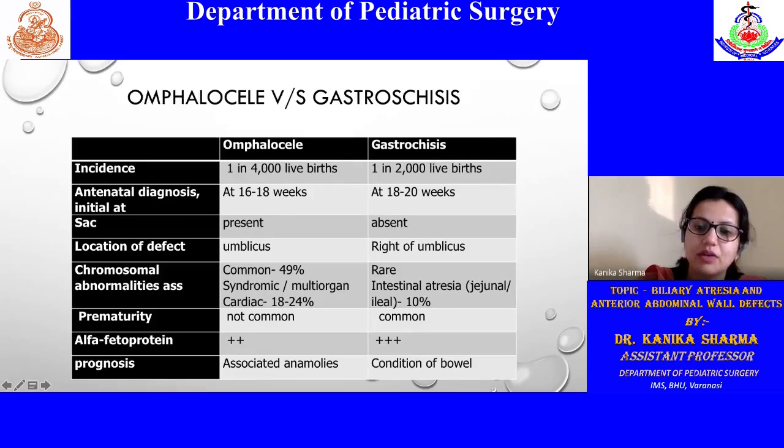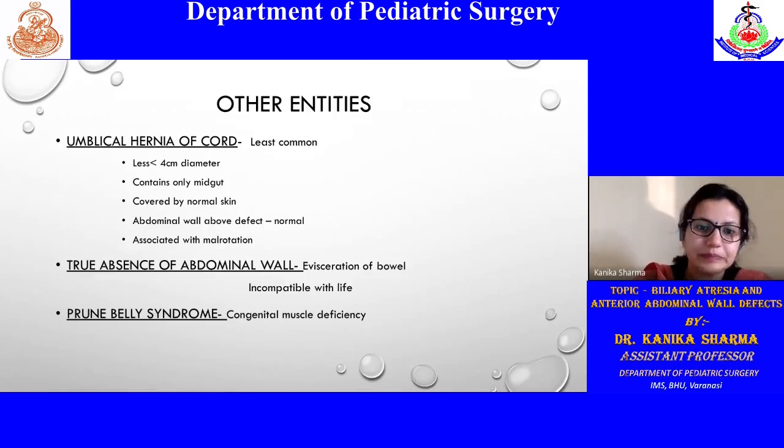Prematurity is a feature of gastroschisis. These children are born at a very early stage. They have high alpha fetoprotein, and the prognosis mainly depends upon the condition of the bowel for gastroschisis, while for omphalocele, we have to look for associated anomalies and the defect.